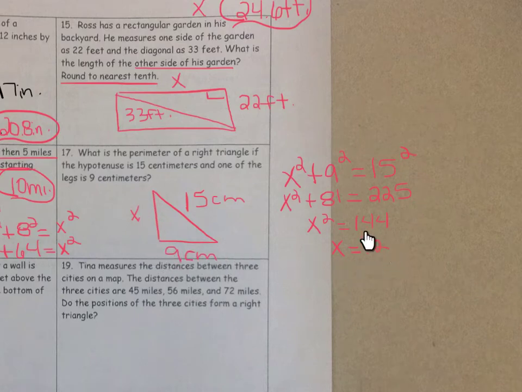Well, you solve for x to get 12, but that's not all the question is asking. The question asked you, what is the perimeter? So if x is 12, we need to add all of these sides together.